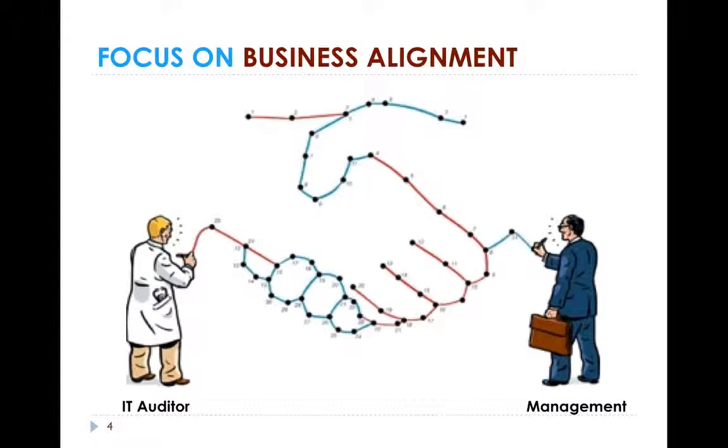Okay, for this slide, we focus on the business alignment. What is business alignment between management and auditor? When we talk about business alignment, the auditor will look at the requirements of the business that the business users need to perform, in line with the organization's direction, mission and vision.